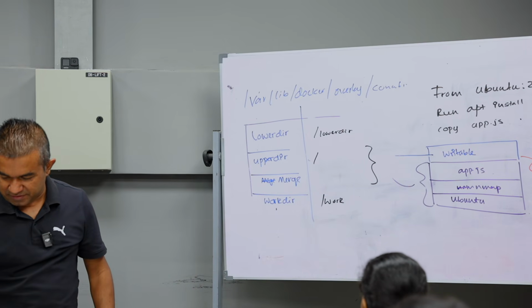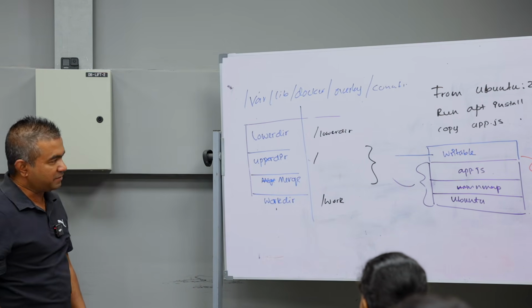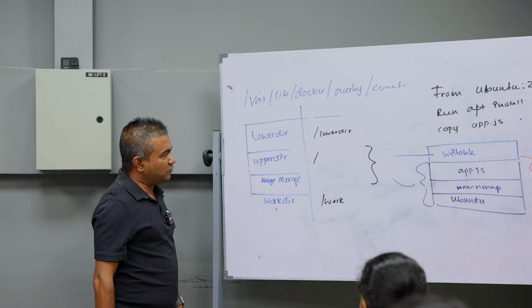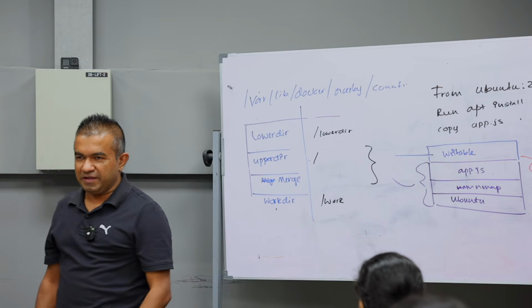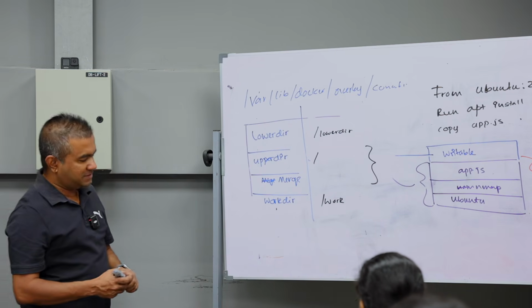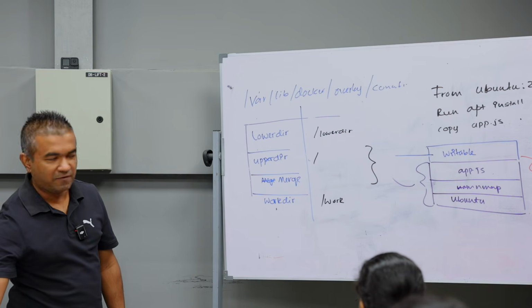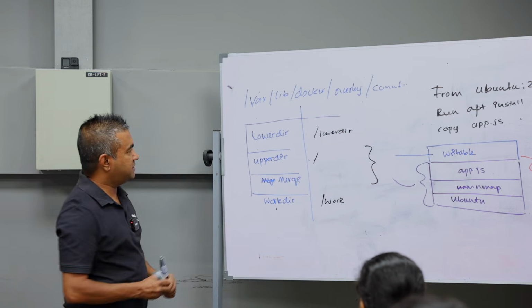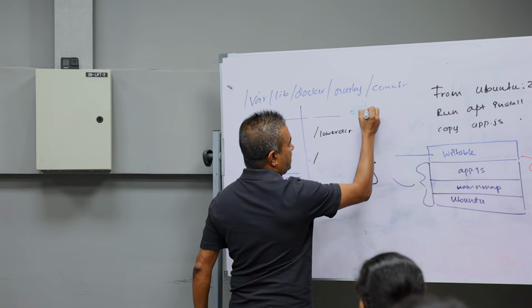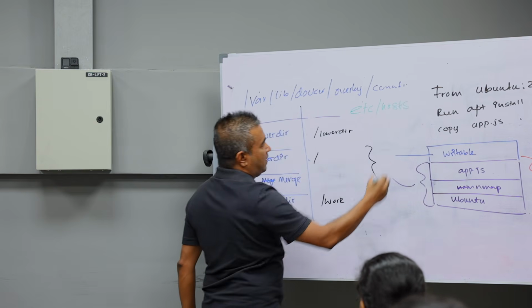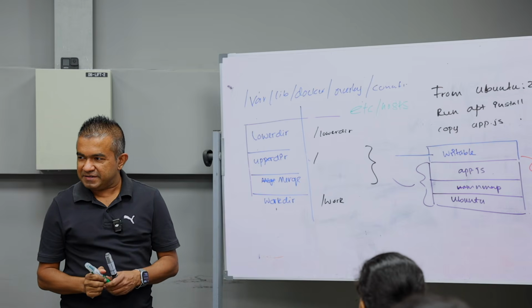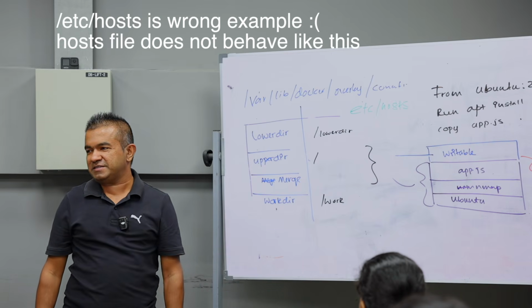Now see this. Let's say there is a file in the read only layer, for example the etc hosts file. Now the container wants to modify this read only file.